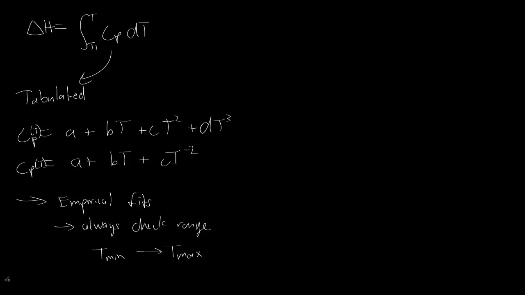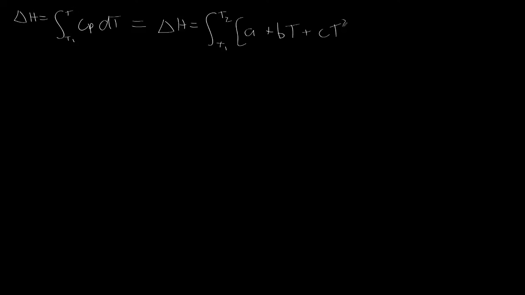So if we were to actually use these equations to calculate delta H, again it is equal to the integral from T1 to T2 of C sub P dT. If we substitute in the expressions from earlier, we can write that delta H is equal to the integral from T1 to T2 of A plus BT plus CT squared plus DT cubed dT.